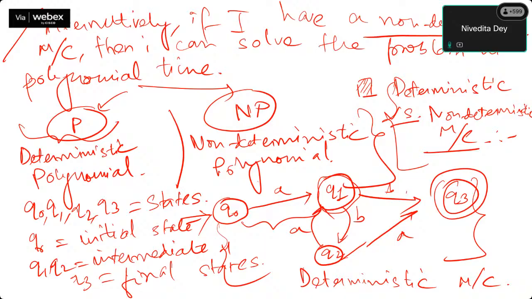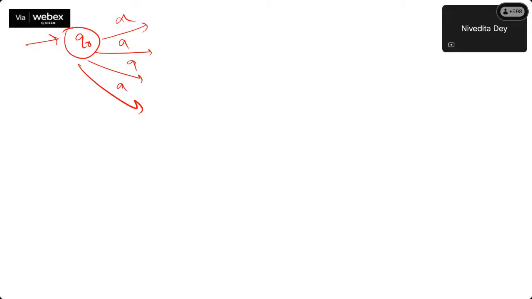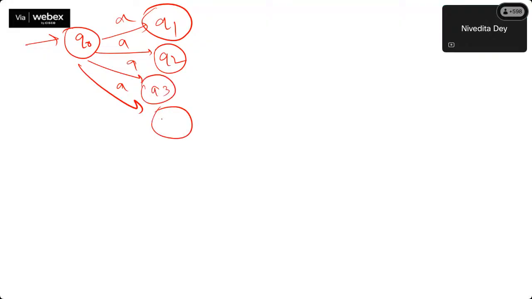On the contrary, let me consider here, say you are in an initial state Q0 on having A. You reach Q1, Q2, Q3, Q4.